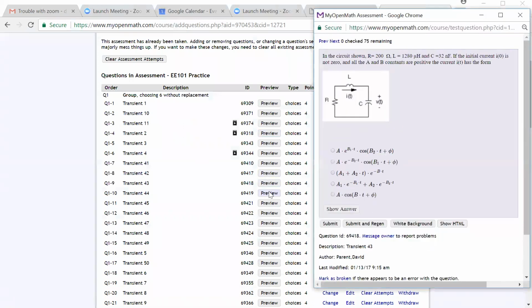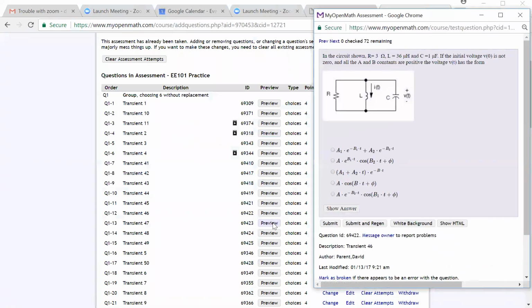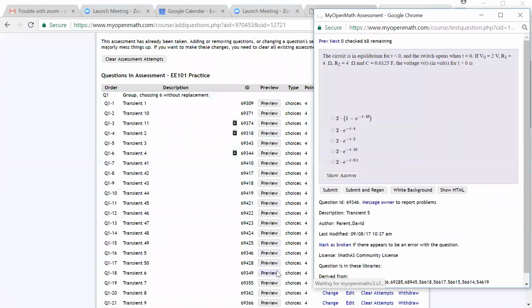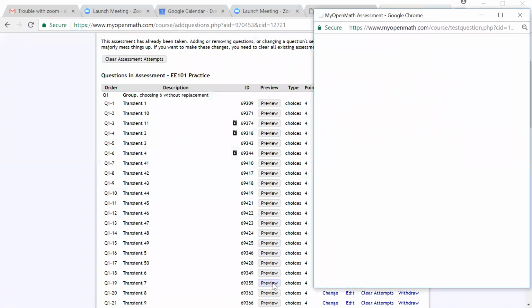And the RLC, that's like a separate day. We'll do that another day. Where are all my inductor problems?